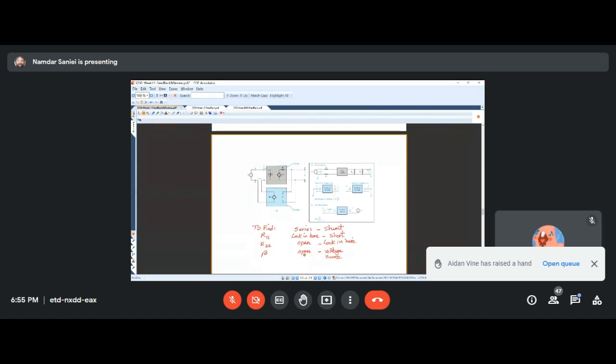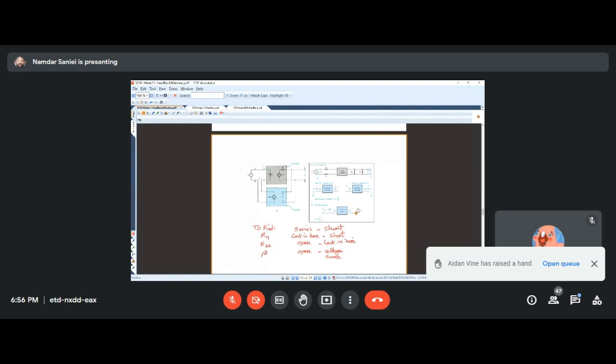And in terms of finding the data, on the input side, whatever series means would be true, open. So here it is. This is open here. On the output side, though, shunt meant voltage source.